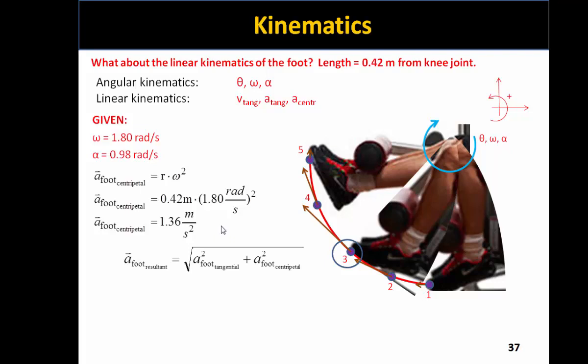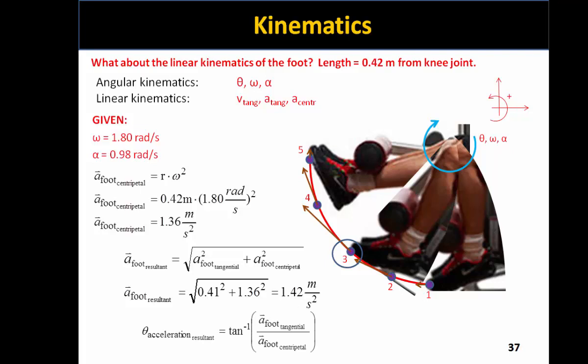And to complete this calculation, we compute the vector sum of the centripetal and tangential accelerations of the foot using Pythagoras' theorem. And substituting the values, we have a resultant foot acceleration of 1.42 meters per second squared.